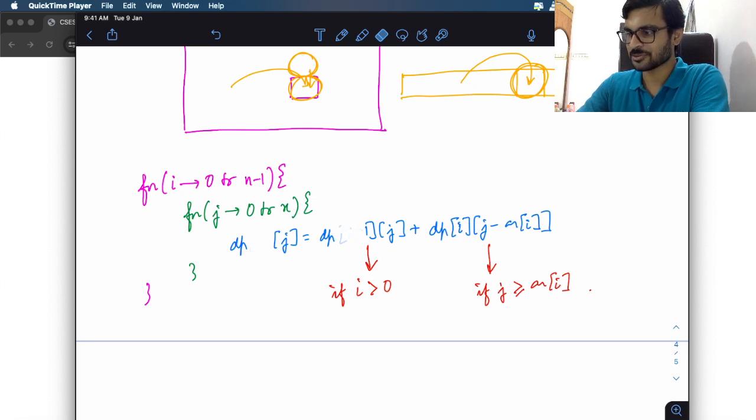Just forget i minus 1. So this is not needed. dp j plus dp i. That's it. dp j contains the previous value. Before this change, it contains what the previous row left it with.